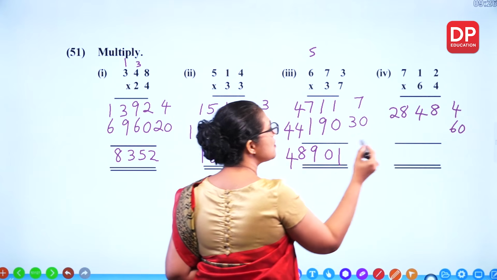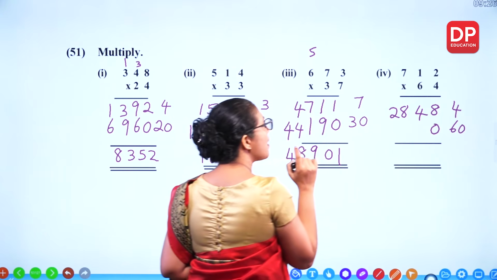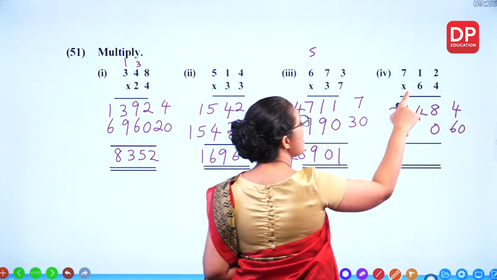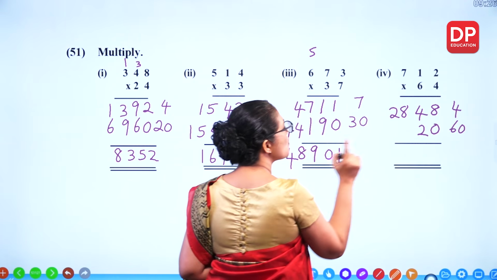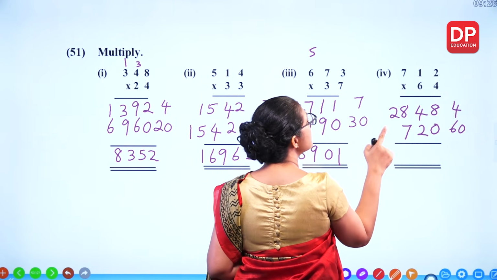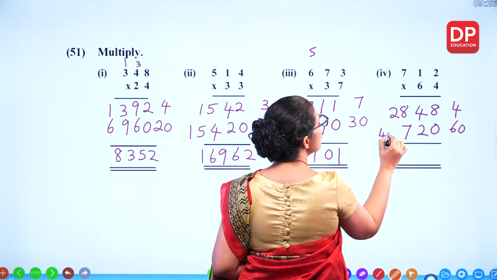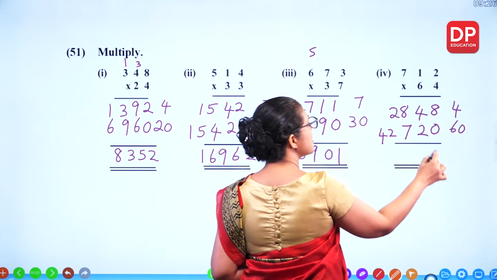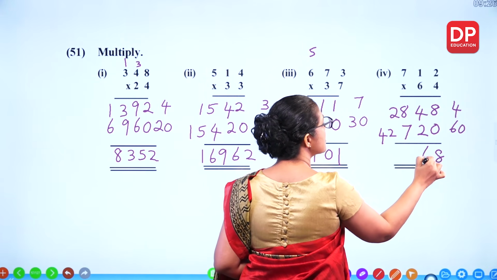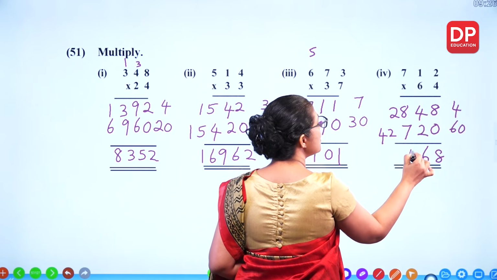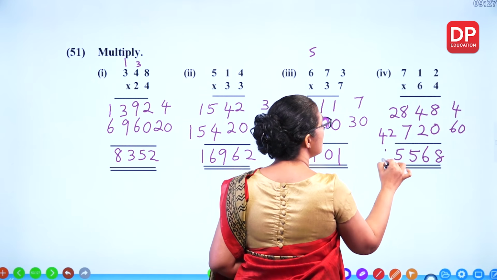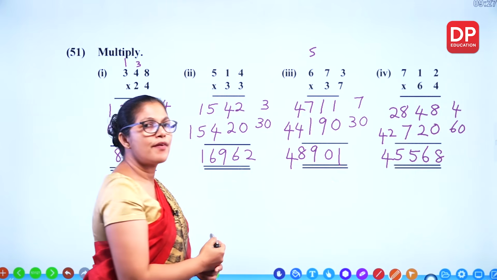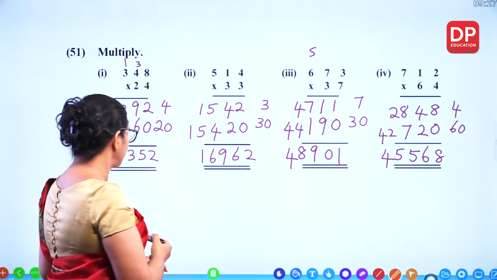Multiply by 60 means put a 0 and multiply by 6. 6 times 2, 12. 1 remaining. 6 times 1, 6 plus 1, 7. 6 times 7, 42. Now add: 8, 6, 8 plus 7, 15, and 2 and 2, 4 and 1, 5. 45,568.